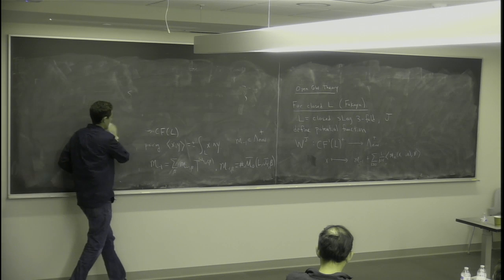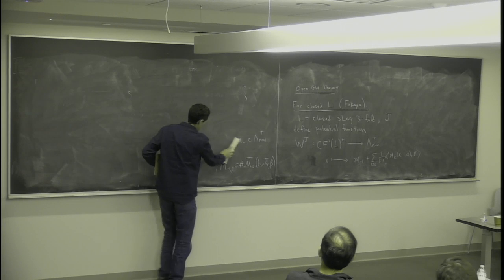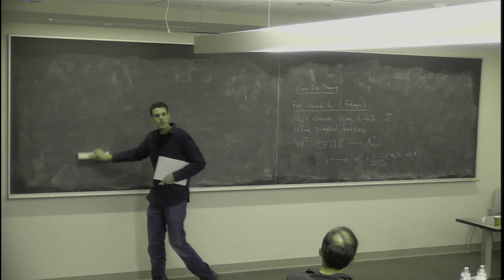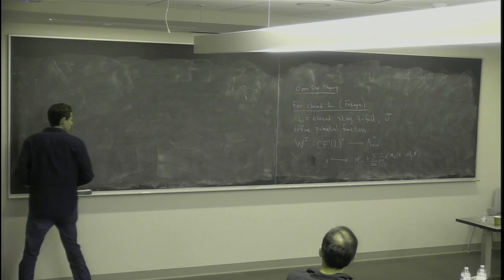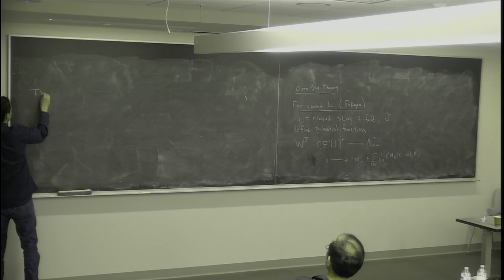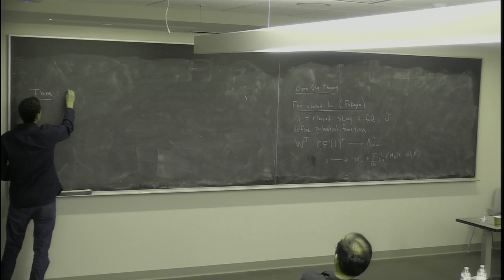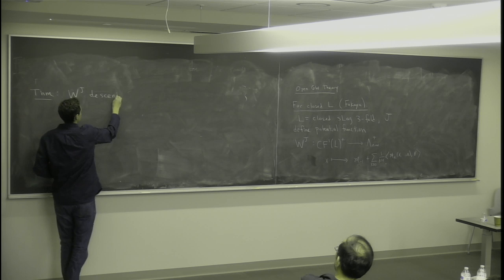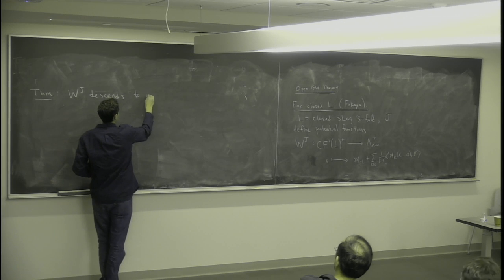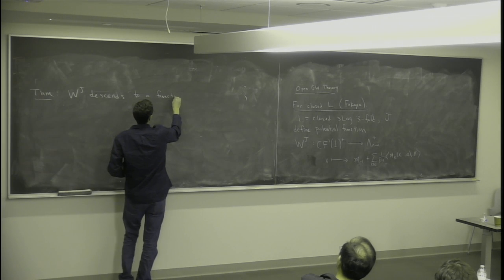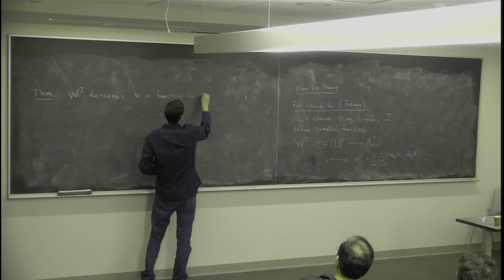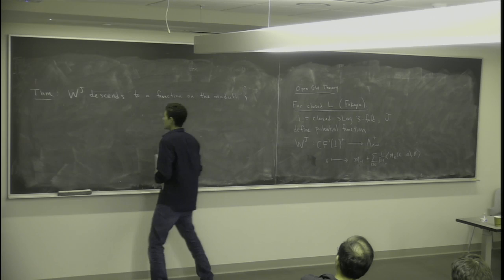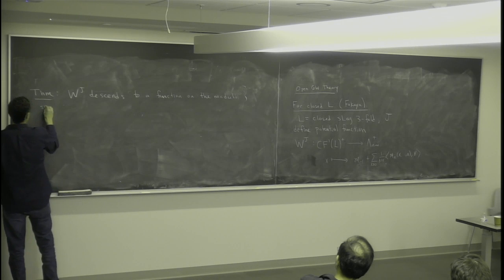So there, Wj descends to a function on the moduli space of bounding cochains. A bounding cochain is a solution of the Maurer-Cartan equation.